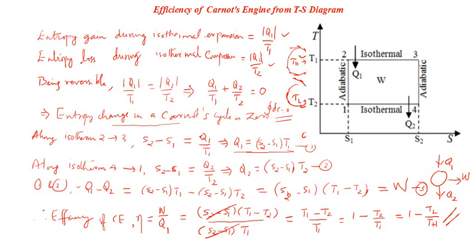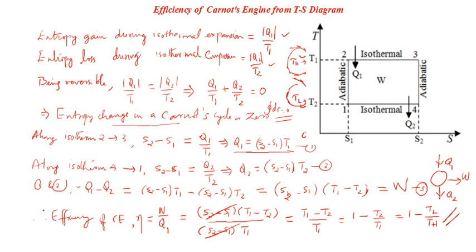Quite direct and quite simple. Recall our derivation of the efficiency of a Carnot engine using the expressions for the work done during the corresponding processes, which we did in module number 3.